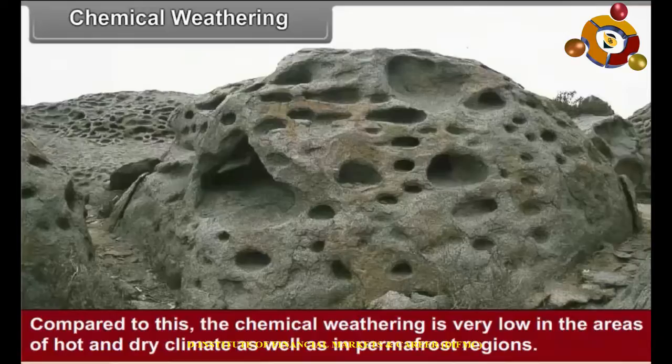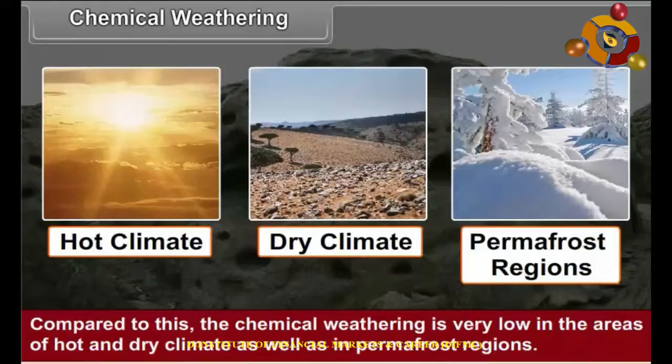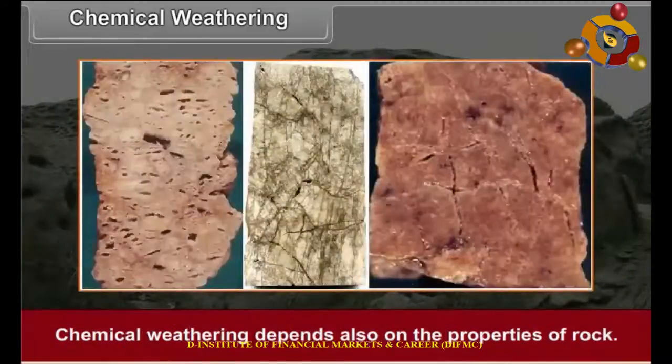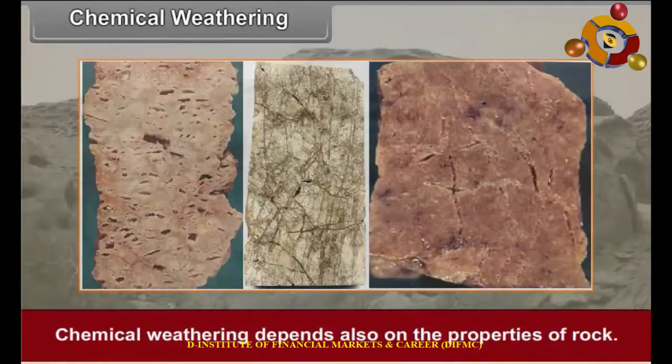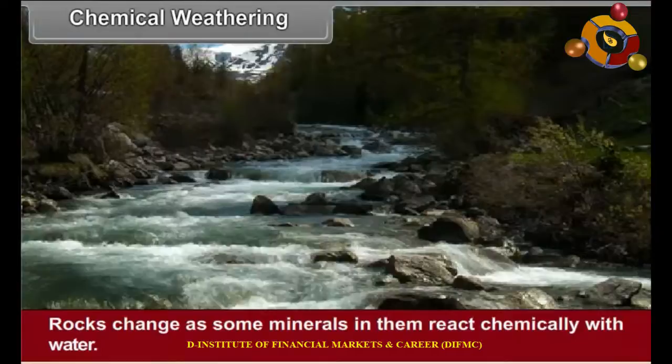Rocks change as some minerals in them react chemically with water. In other words, the rock gets decomposed and consequently its properties also change. For example, the carbon dioxide in the atmosphere dissolves in rainwater and this leads to the formation of mild carbonic acid.